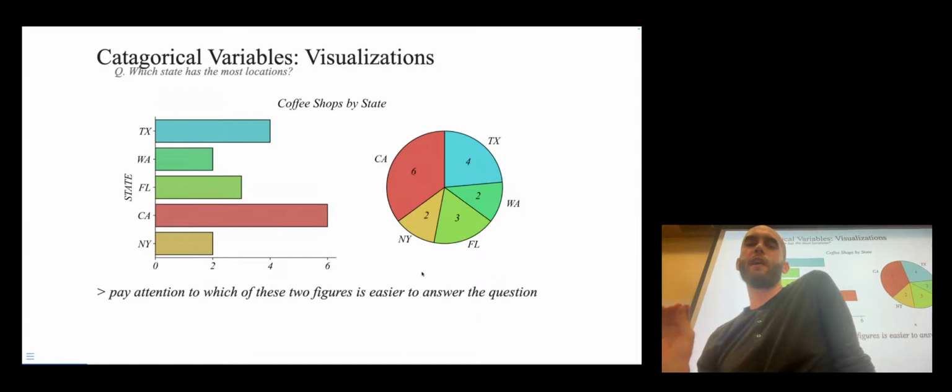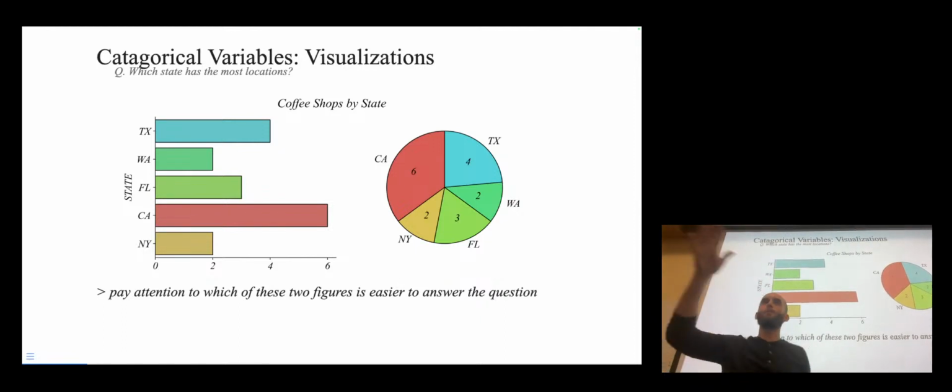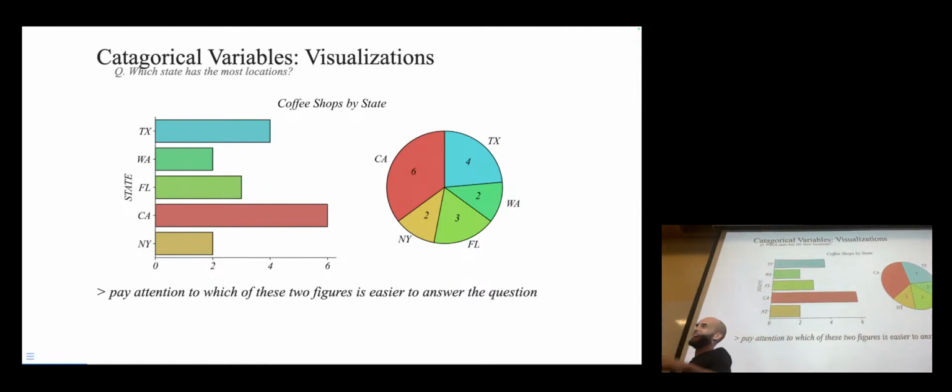If you're trying to figure out which state has the most locations, how many of you prefer the bar chart? And how many of you prefer the pie? Okay, interesting. I want one representative from both categories to make your best case. Someone from the bar chart, why do you prefer the bar for this question?